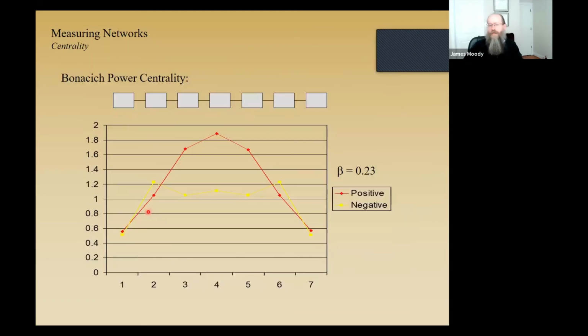The reason that you might care about Bonacich power centrality is that you're more powerful the more connected you are to other powerful people. The other thing is this is also the centrality score that underlies PageRank. PageRank is a version of eigenvector centrality, and you care about PageRank because you probably used it today. It's what Google uses, or a variant of it, to determine whether or not a search result is a valuable one, based on whether other things point to it.